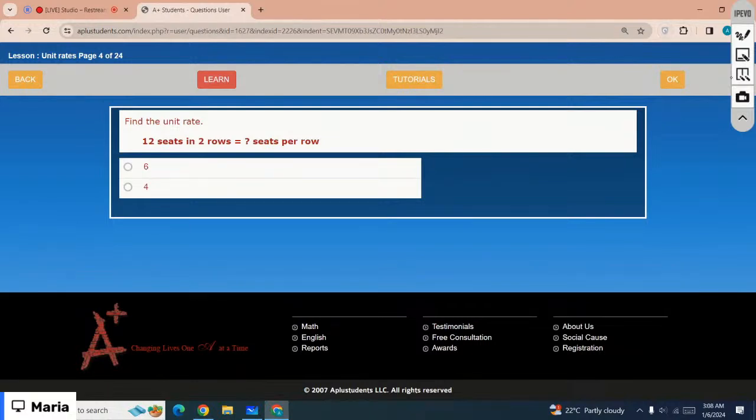Okay, the next one is 12 seats in 2 rows. You have to calculate how many seats per row.